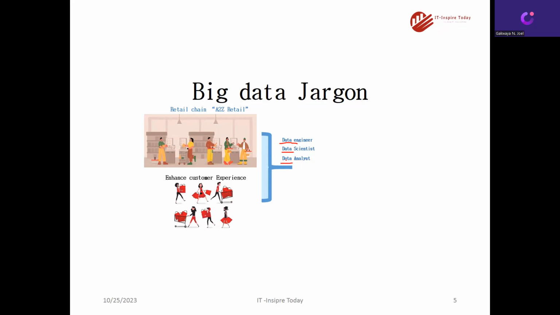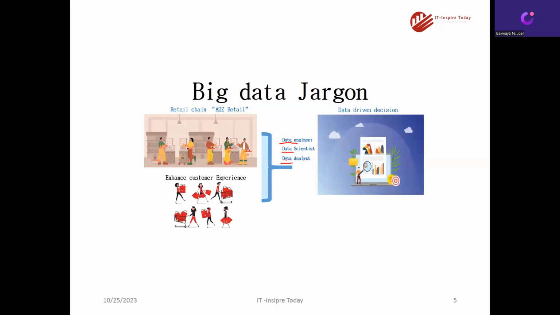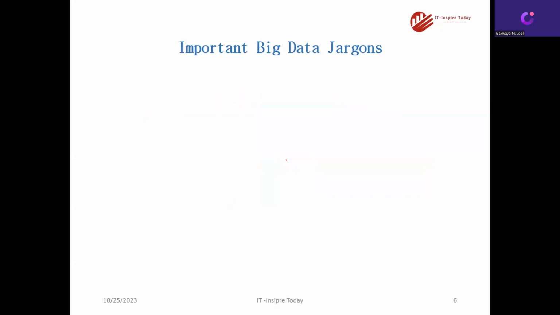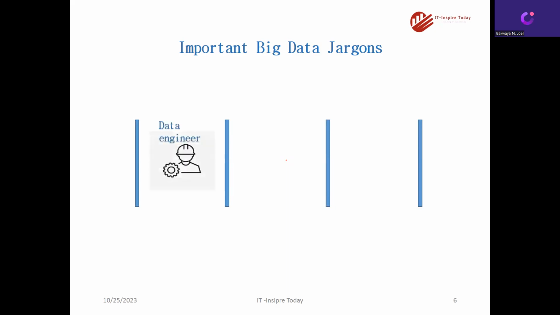Now, what does this retail chain want? They need everyone. The question is, what will each and everyone do to help this retail chain have an enhanced customer experience? They want the data-driven decision so they can enhance them. Now, first one, who is a data engineer? A data engineer is also known as a database administrator. They help and maintain the databases.